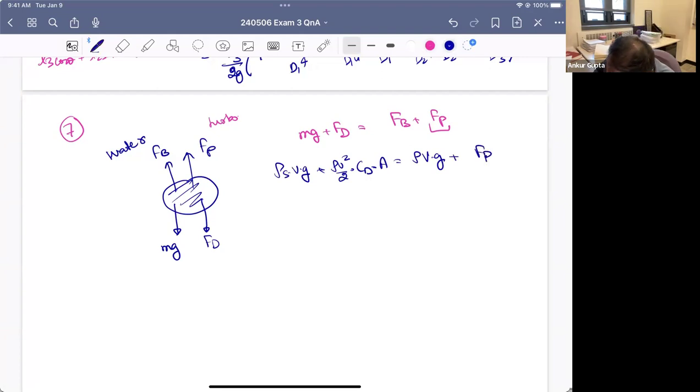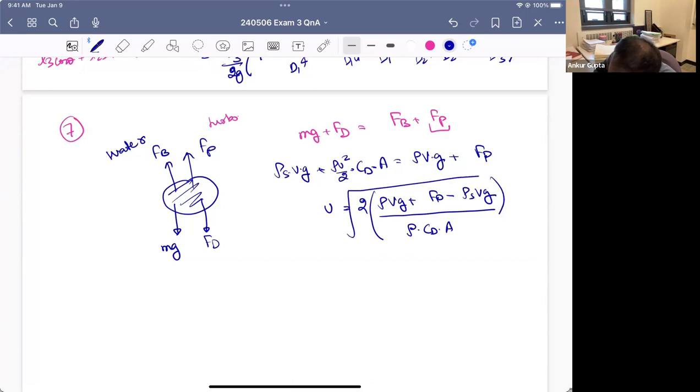Now u has to be rho vg plus fp minus rho s vg, divided by rho by 2, rather, 2 times rho times CD times A, square root.